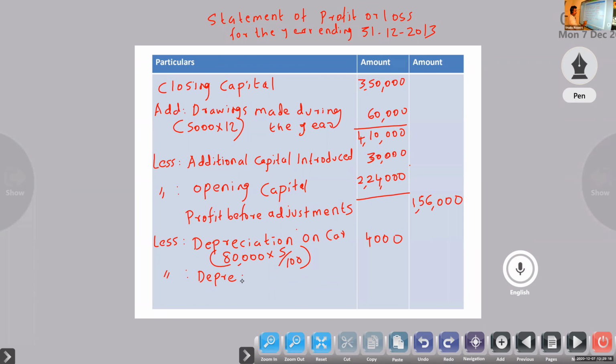Then next one, outstanding rent. With rent you have to add, profit and loss account debit side only. So less outstanding rent. It is given directly, 6,000.